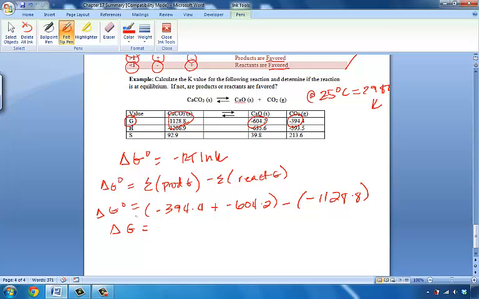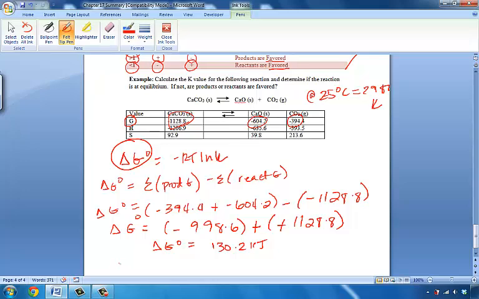So delta G is equal to negative 394.4 plus negative 604.2, simplified is negative 998.6, minus, of course, negative 1128.8, and a negative minus a negative makes a positive, so negative 998.6 plus 1128.8 gives us a delta G naught value of 130.2 kilojoules.